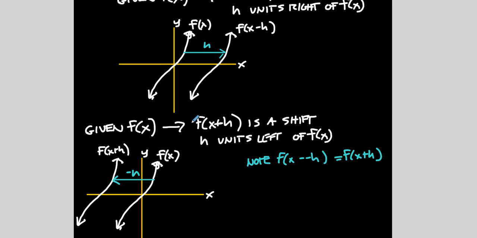Given f of x plus h is a shift h units left. Okay, note f of x minus negative h is f of x plus h. So again, x plus h is a shift h units left. So if this is my function f of x, I'm going to the left with this, like so. And we're going to use that fact in this video to derive these formulas.